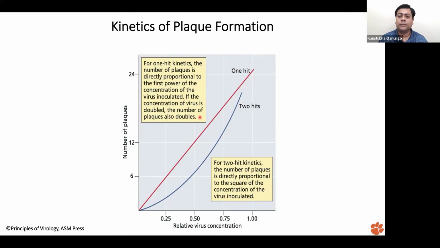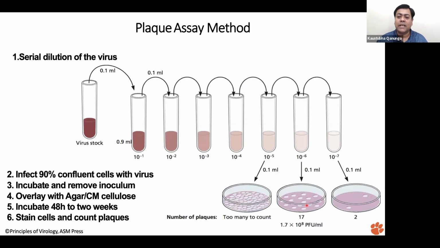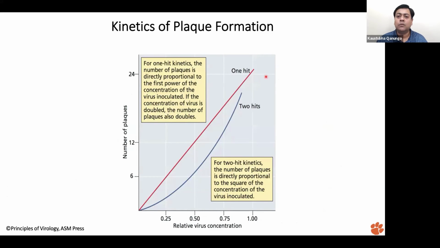Suppose from this experiment you got the viral titer, and you double-check whether it works like that as well. Once you have the concentration, you can inoculate the cells and predict the number of plaques that will form.